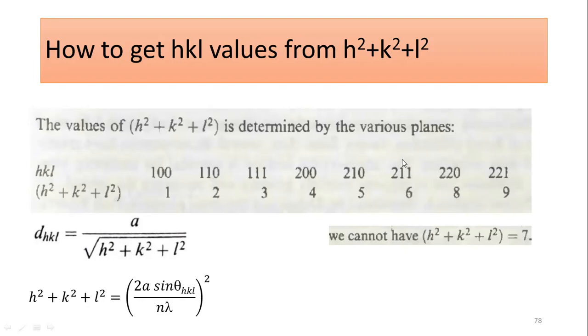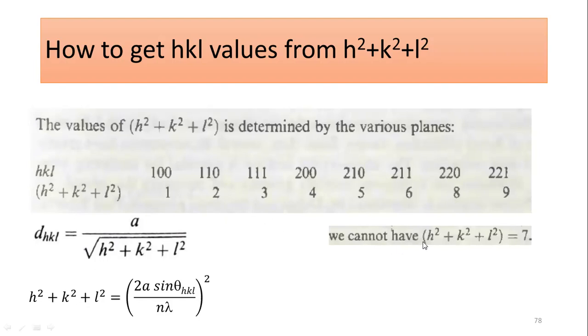So the value 6 will give you this plane. This is actually the final version of this explanation. If you get the sum of all these squares equal to any one of these values, then your plane is written over here, and these are called the hkl planes.